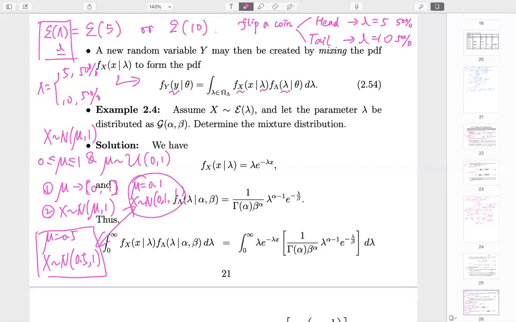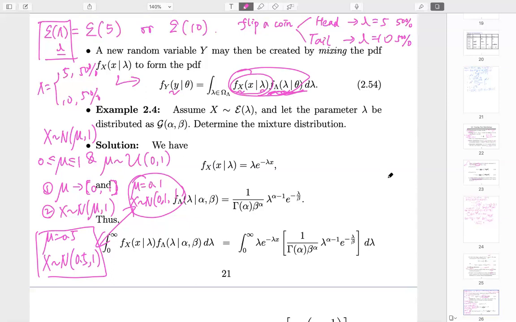That's why when I discuss the probability, I need to consider all the possibilities for mu. Mu should run from 0 to 1. And then I study for a specific mu, what is the probability. So that's reflected down here. You should consider everything for lambda first, for the parameter, and for the given lambda, then I have the distribution for x.